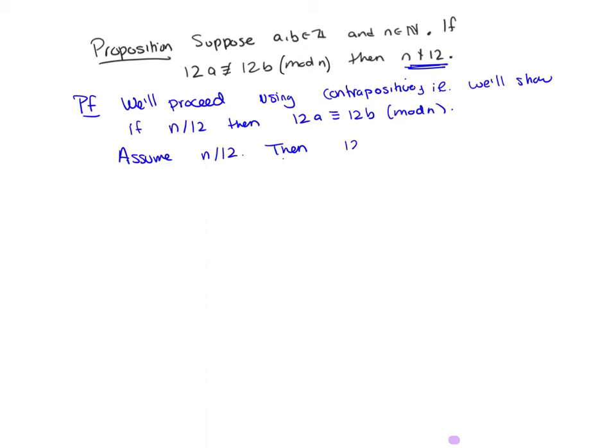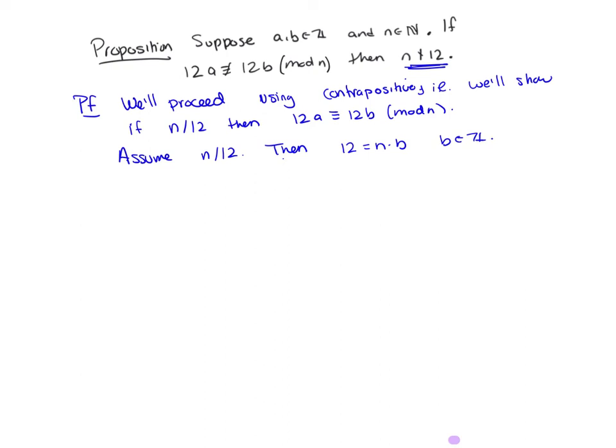What does n divides 12 mean? It means that 12 is equal to n times b for some b in Z. I know that this n times b is a multiple of n, or 12 is a multiple of n, or n times b equals 12.